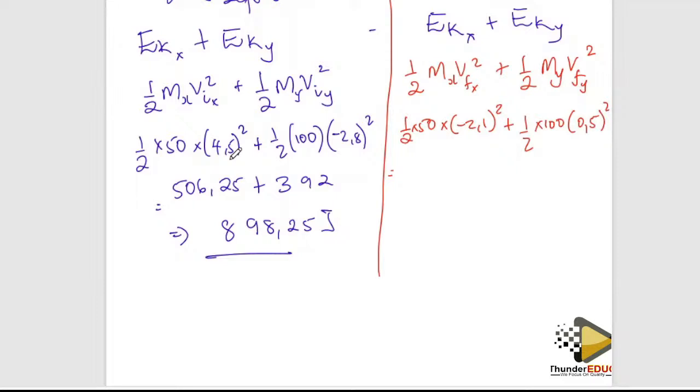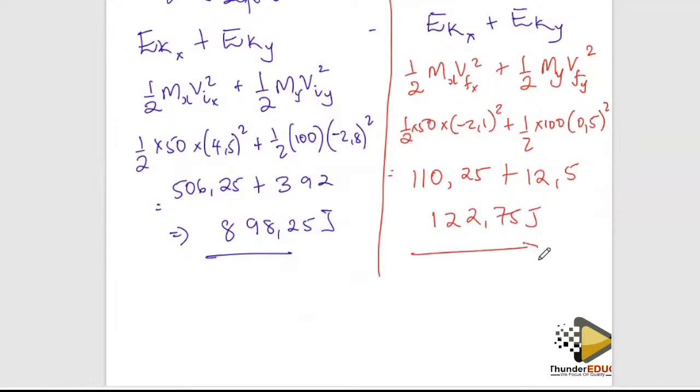Okay, so that is 50 times negative 2,1 squared. I'm getting 110,25. And then that is, okay, times 0,5 squared. I'm getting 12,5. So 110.25 plus 12,5, I'm getting 122.75 joules.